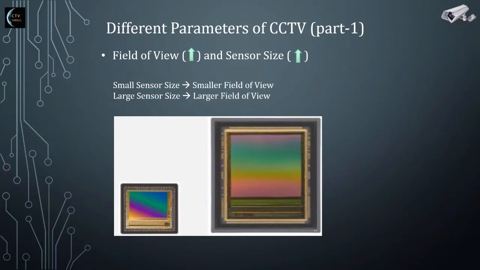Let's consider a 1/2.8 sensor size having a field of view of around 80 degrees, and for another bigger sensor, like a 1/1.8 sensor, you may find a 90 to 100 degree field of view for a 2.8 mm to around 4 mm lens.